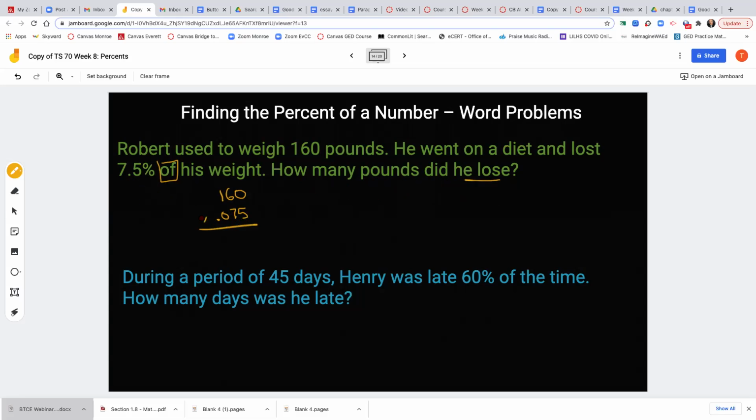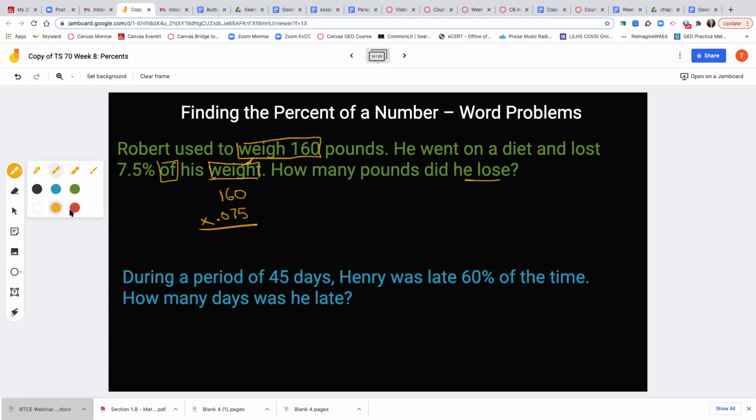I would do the multiplication, and that would tell you how much he lost. That would tell you what 7.5% of his weight is. Now, his weight is right here. I'm going to put a box around it so you can see this. That's his weight, okay? So it's 7.5% of. All right, let's look at another example here.